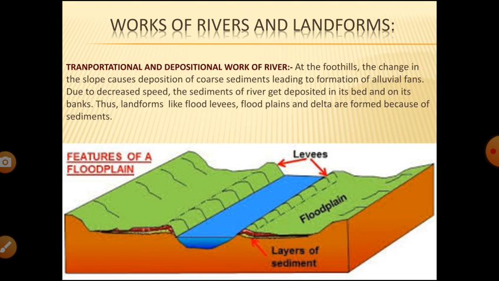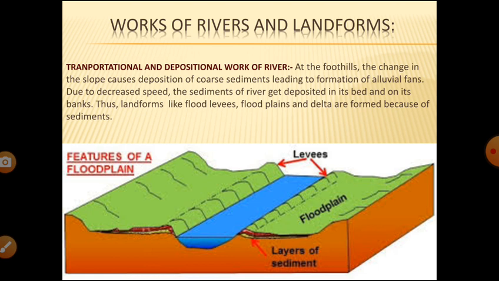The factors affecting the deposition of sediments are the length of the river, volume of water, amount of sediments, and the slope of the river and the earth surface. Thus, landforms like floodlevees, floodplains, and delta are formed because of deposition of sediments.